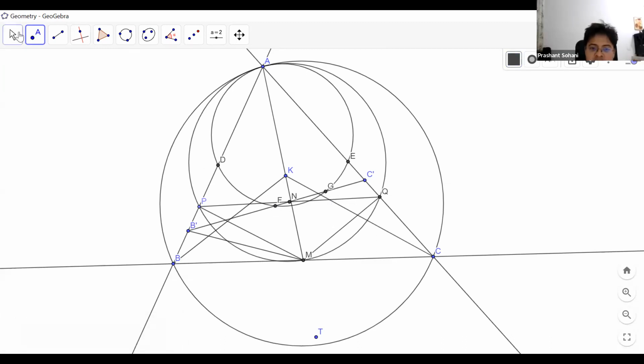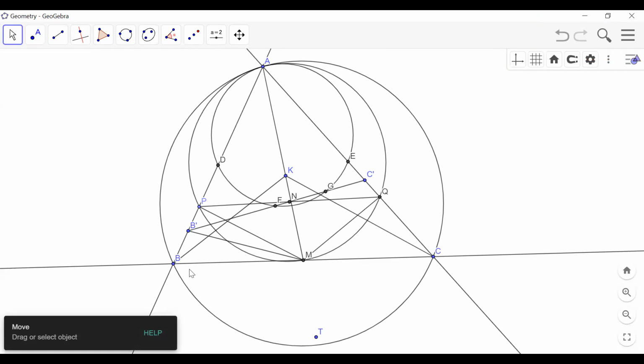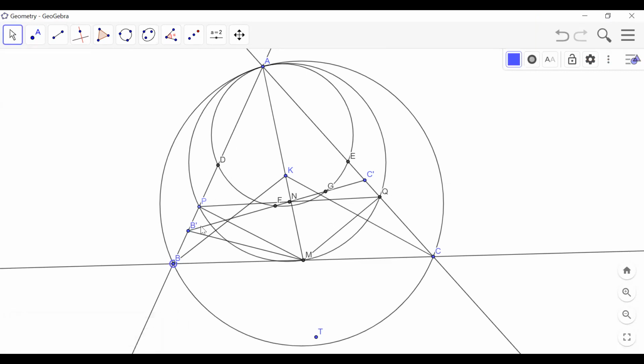Now we can finish the problem. AB times AB dash equals AM squared. Then AD times AB dash will be AM squared by 2 because D is a midpoint. Similarly, AE times AC dash is AM squared by 2.